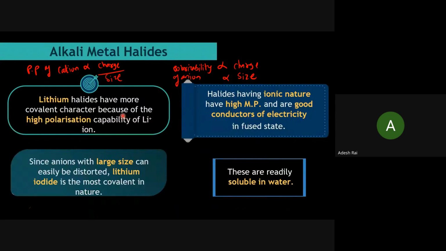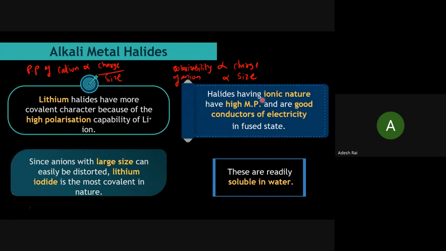Is that clear? Therefore, I minus will have the highest polarizability among all the anions of the halogen family. Because it has the highest polarizability, it has the highest covalent character, and that is what is written here: since anions with large size can easily be distorted, lithium iodide is the most covalent in nature. Am I clear to everyone?